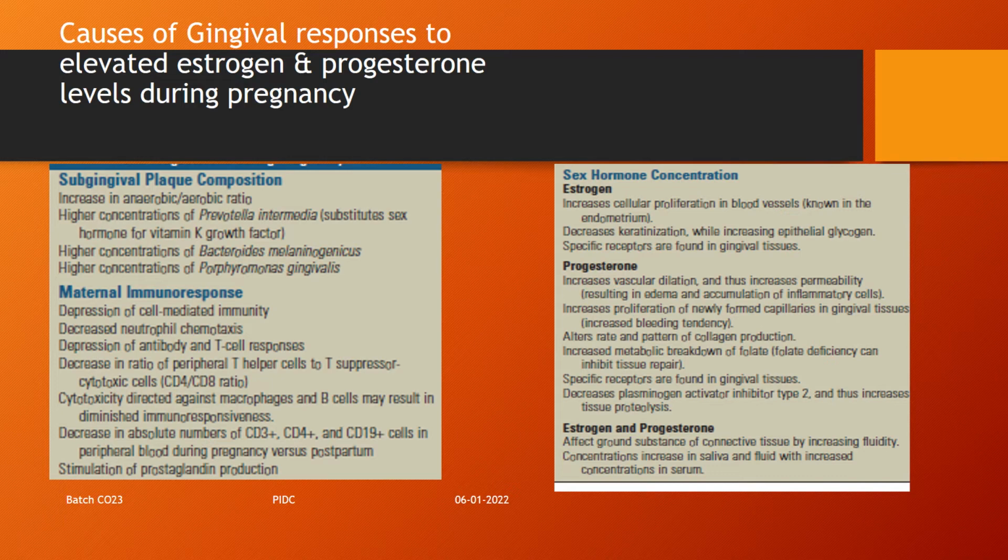Specific receptors are also found in gingival tissues, and it decreases plasminogen activator inhibitor type 2. Both these hormones act together and could affect the ground substance of connective tissue by increasing fluid concentrations, with an increase in saliva and fluid concentrations in serum.